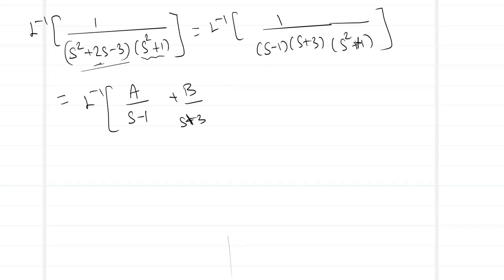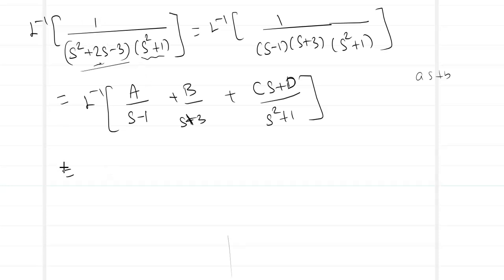So we will be requiring 2 constants of the format cs plus d. So whenever it is non-factorizable, you make it as the format as plus b. So since a and b have already been used, it gets the format cs plus d divided by s square plus 1. Now, consider the LCM of the quantities.